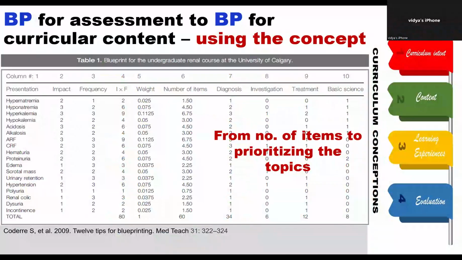Yes, that's the slide. Correct. So this one, number of items, how did you get this number, sir?